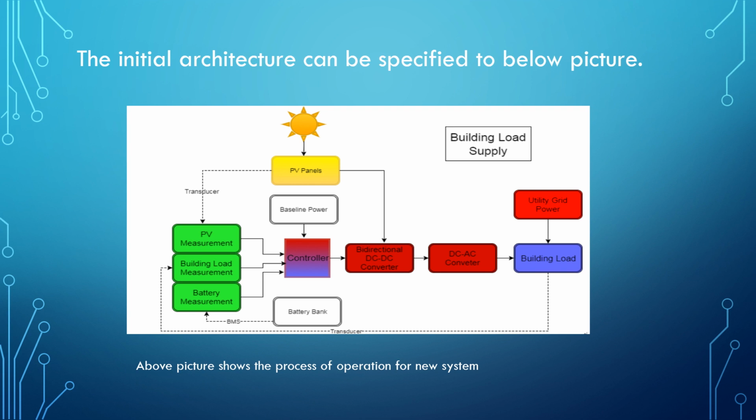The data of the battery bank is measured by the BMS, and the data goes to the controller. The controller is like a super brain, and it gives instructions to the converter, which can change the direction of the energy. The electricity from the PV panels can go to the battery or to the building load. All the instructions come from the controller.